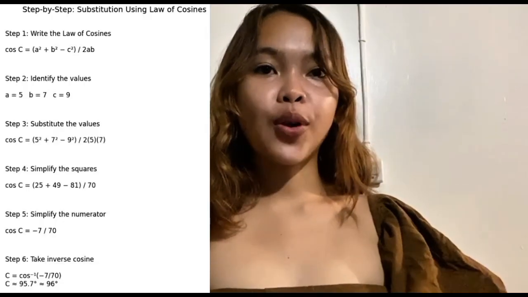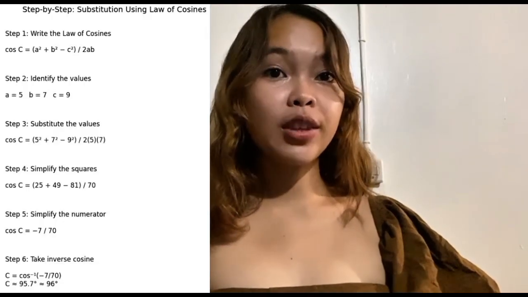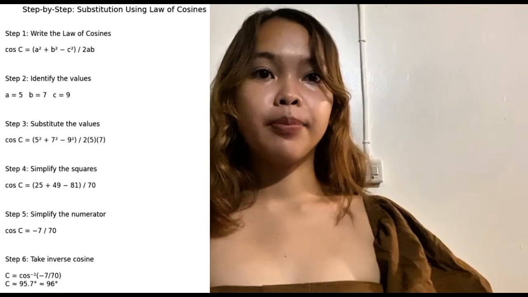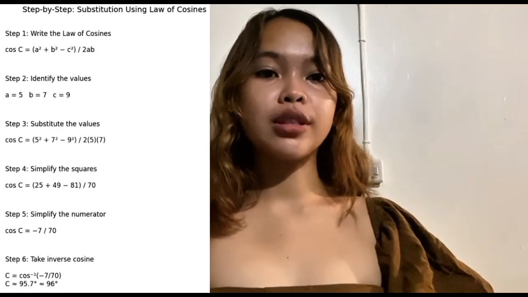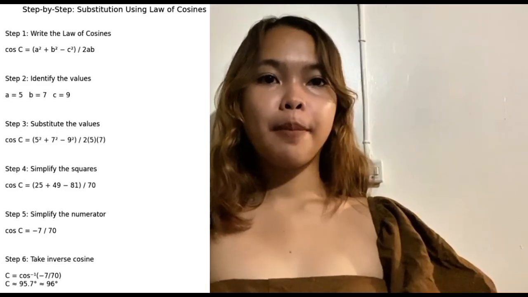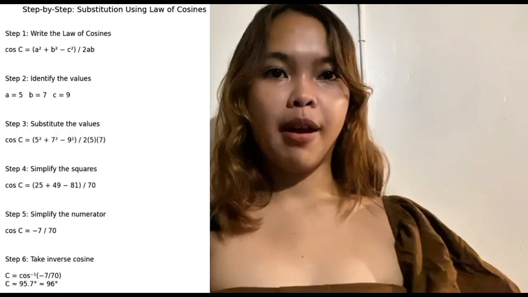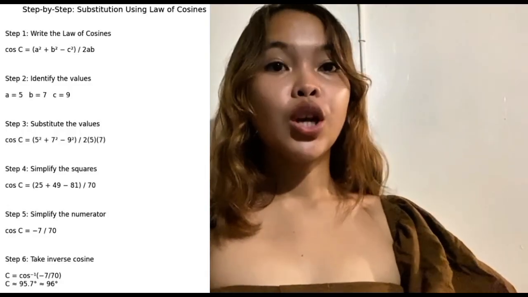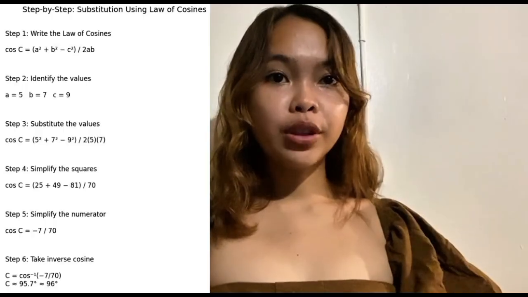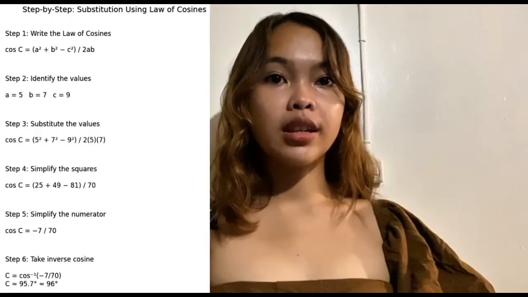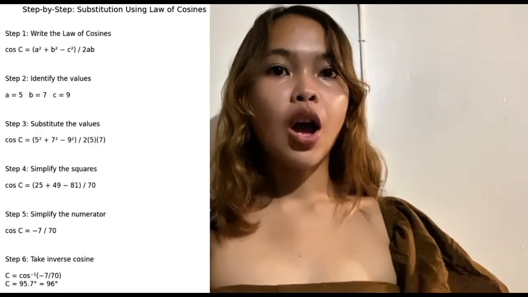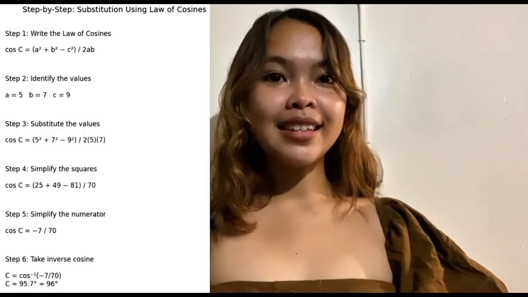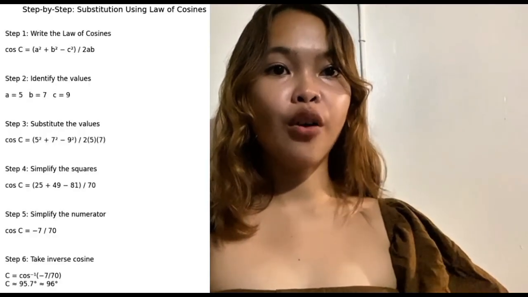So we have cosine C is equal to 25 plus 49 minus 81 over 70. Step 5. Simplify. Now we simplify the numerator. 25 plus 49 minus 81 is negative 7. So, cosine C equals negative 7 over 70.